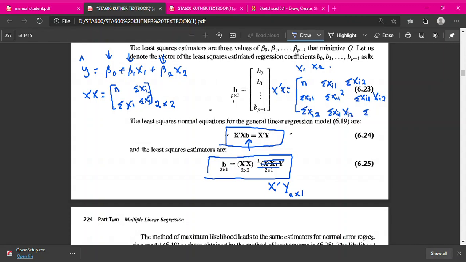Di sini summation of xi2 square. Okay, so matrixnya adalah 3 by 3. Okay, 3 by 3. So, kita tengok di sini dan di sini sama. xi1, xi1, xi2, xi2. Di sini xi1, xi2. Di sini summation xi1, xi2. Summation di sini summation x1 square, summation of x2 square.